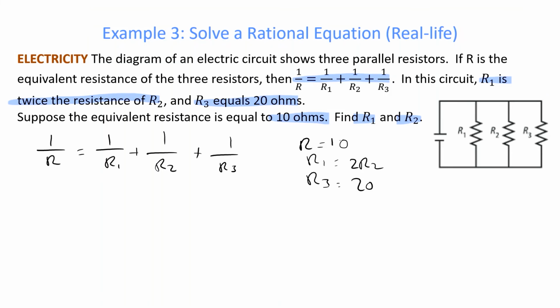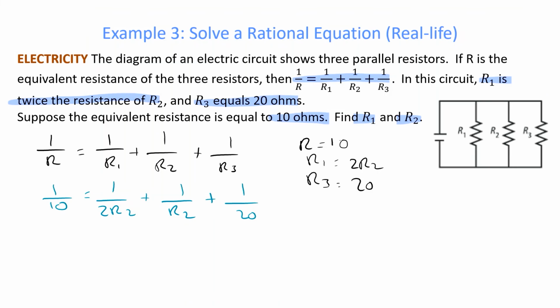Now, in the next step, we are going to put our variables into the equation. So instead of 1 over R, we will have 1 over 10 equals 1 over R1, which is our 2R2, plus 1 over R2 plus 1 over R3, which is, we know R3 is 20 from the information they gave us in the paragraph.